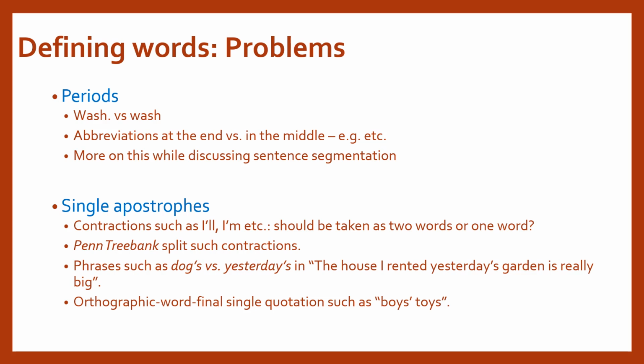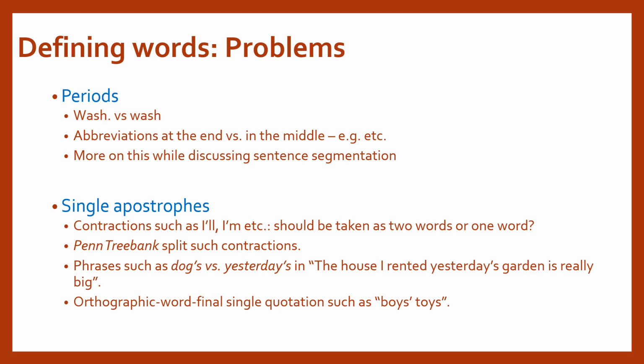Now, if I remove this punctuation mark, the period, and consider "wash" versus "Wash.", the first could be about the cleaning of your clothes or something like that. But when it says "Wash.", it is perhaps signifying the place called Washington, and taking out the period changes its meaning, and it can create a problem.